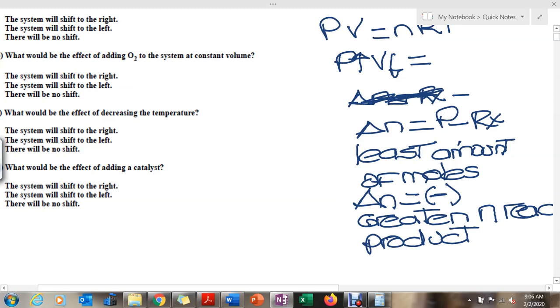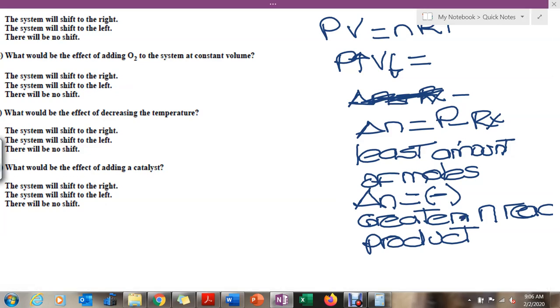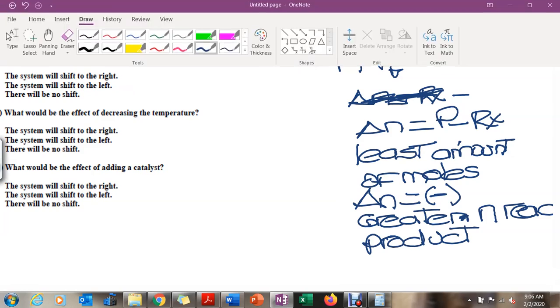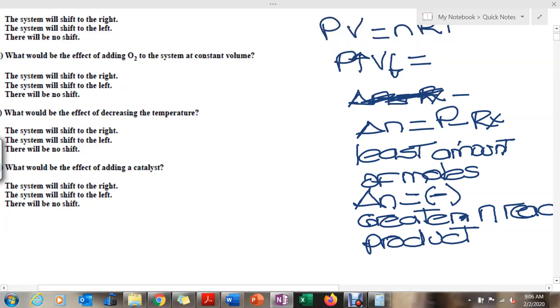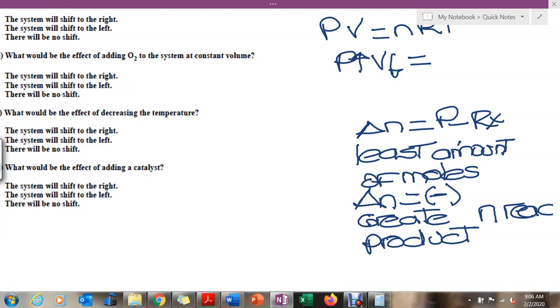If you have a greater amount of reactant than products, what is going to happen? The equilibrium will shift to the left.